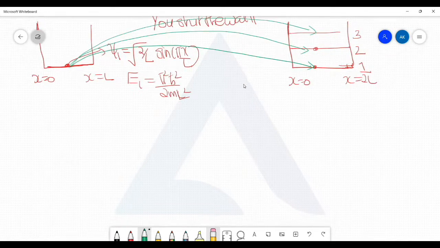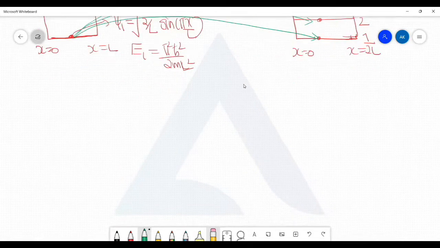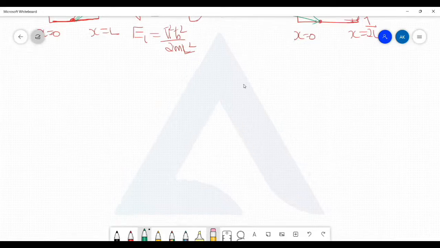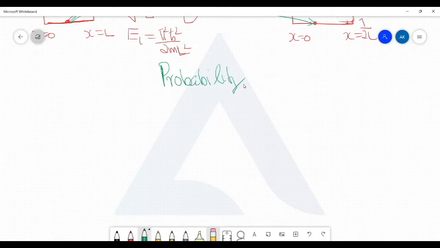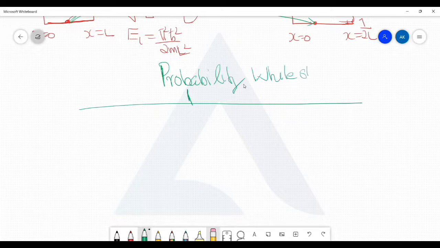Okay, so let me introduce the probability once again. Probability after while shifting. Okay, the first case is the wave function have no change.